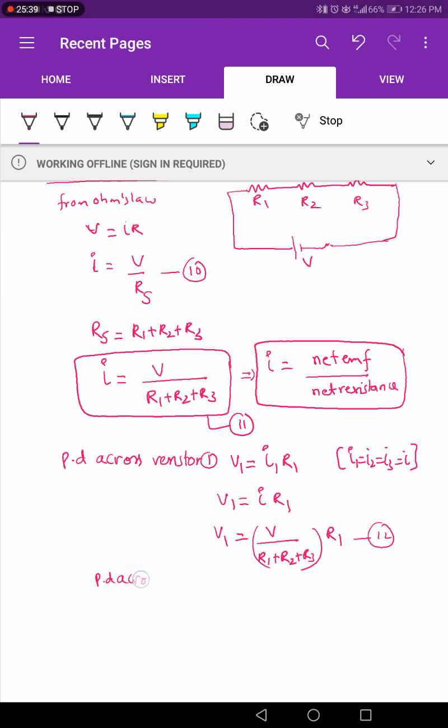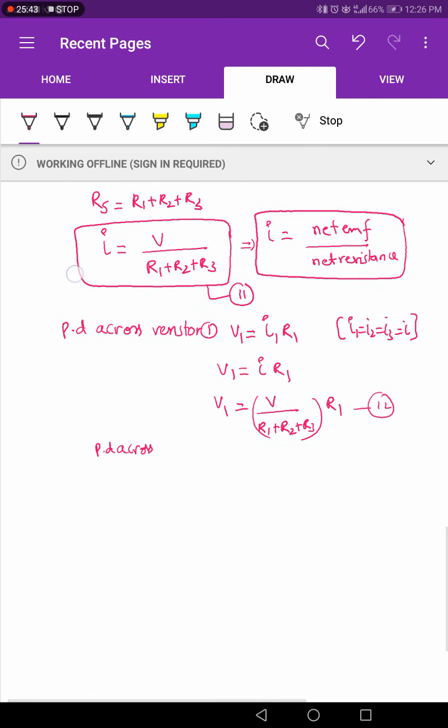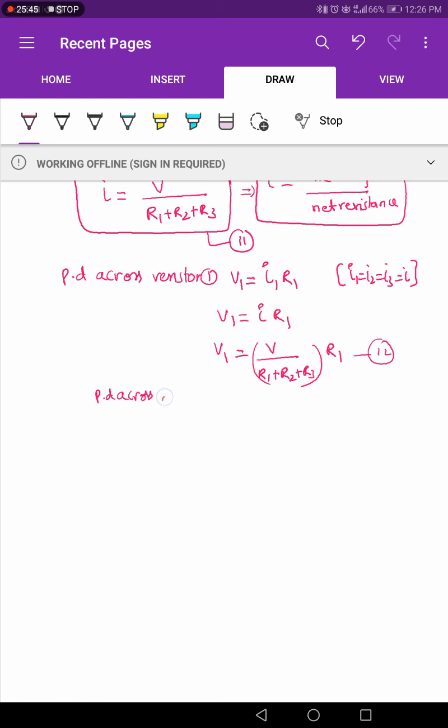Next we can also write PD across resistor 2. Similarly we can write V by RS into R2. Am I correct?